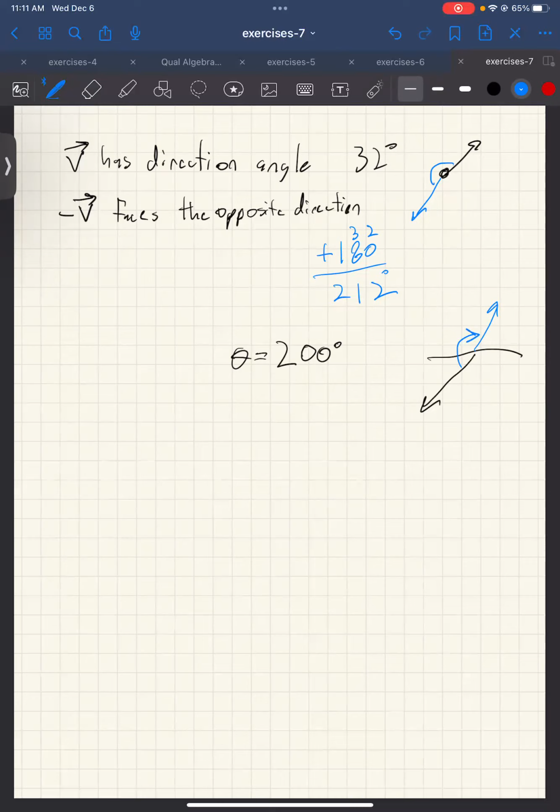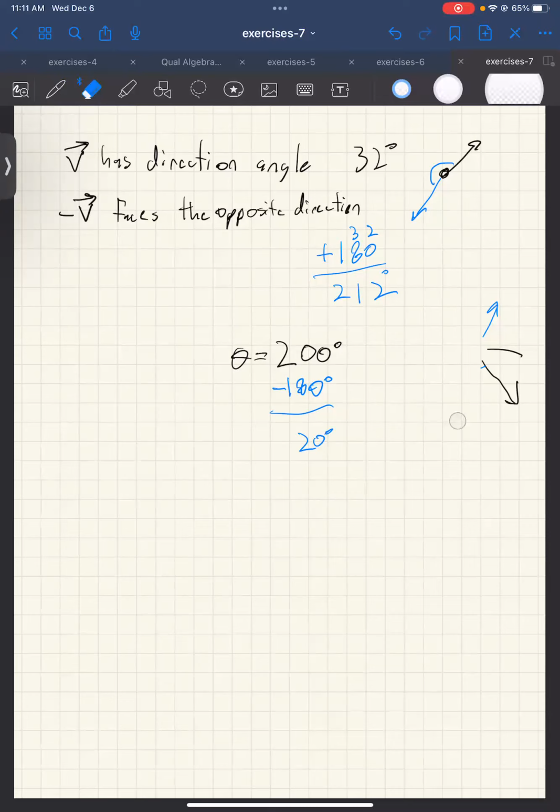So now we may want to subtract 180 degrees and get back to 20 degrees. And if we were in quadrant 4, the same kind of thing would happen. We would need to go back 180 degrees to get in quadrant 2.